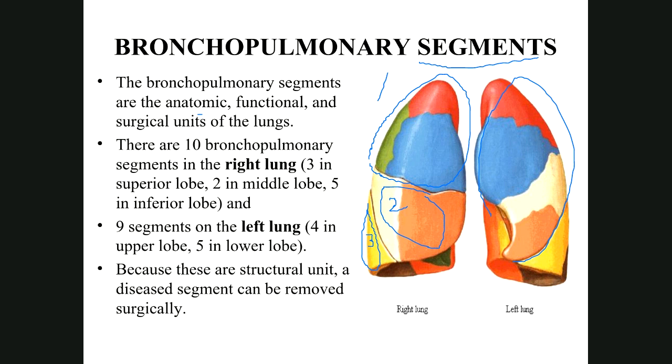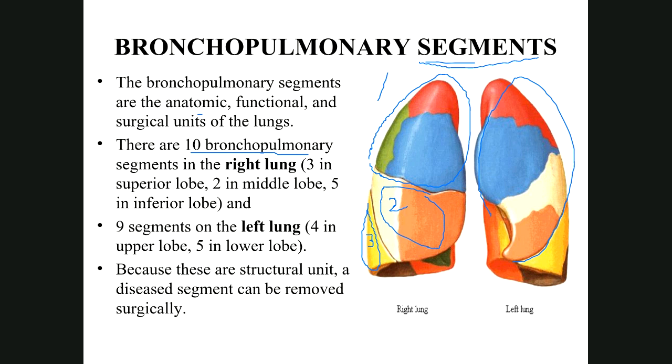This is one big lobe, and this one big lobe further has 3 branches. These 3 branches are called segments. Same like the other lobes. Just remember, these are the smaller branches of the lungs.